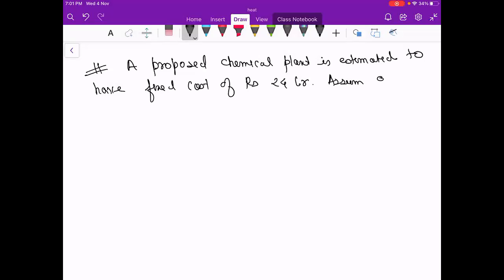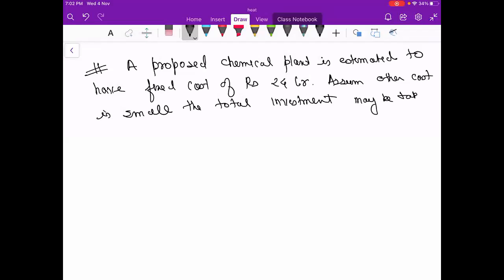Assume other cost is small. The total investment may be taken as fixed cost.